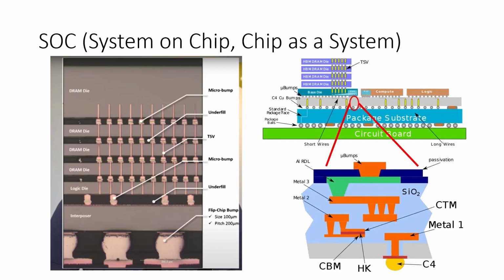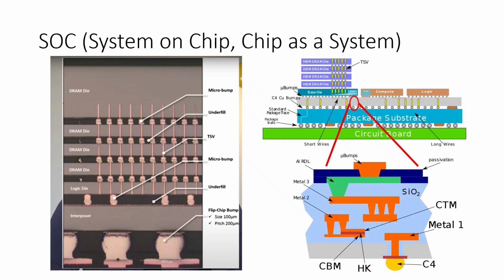Here is a picture and a diagram. You can see that many layers of these silicon dies are connected by bumps, by interconnect and via structures. And this SoC structure may contain memory chips, logic chips, power handling chips, and they are bonded on a circuit board.